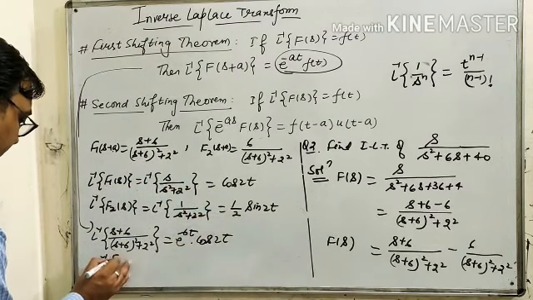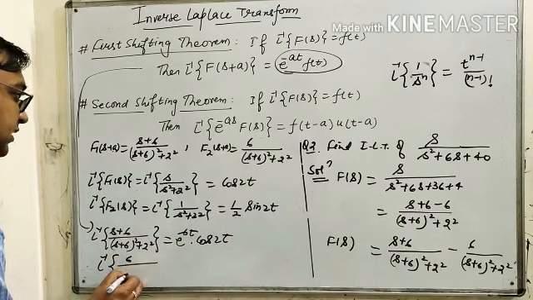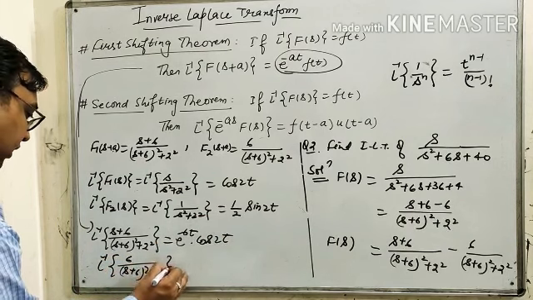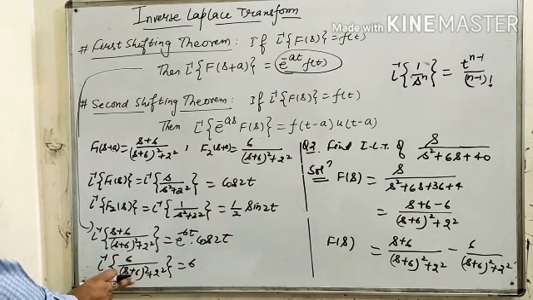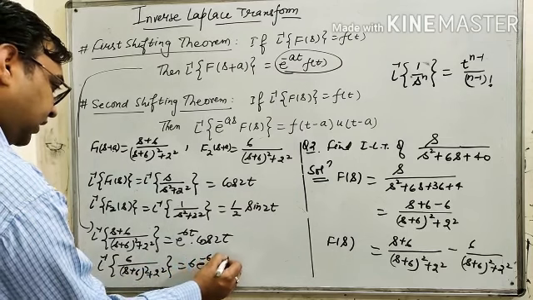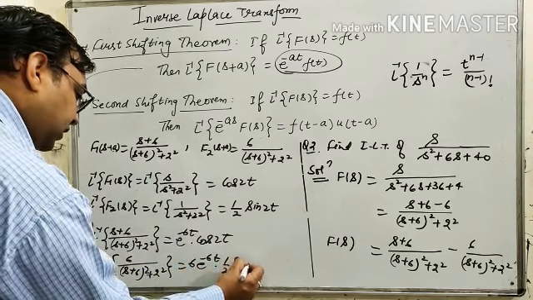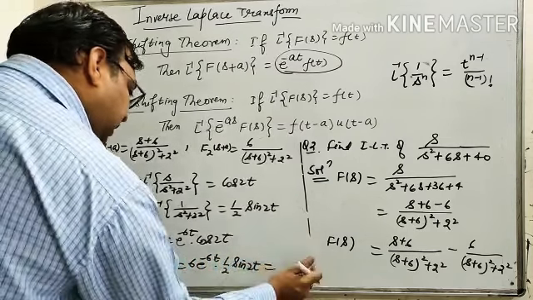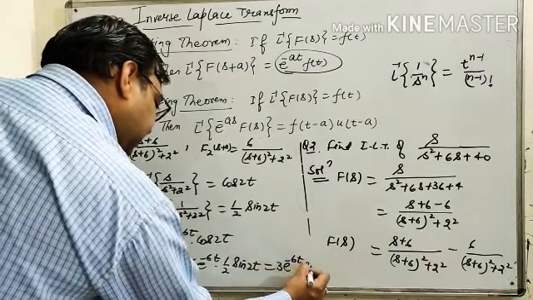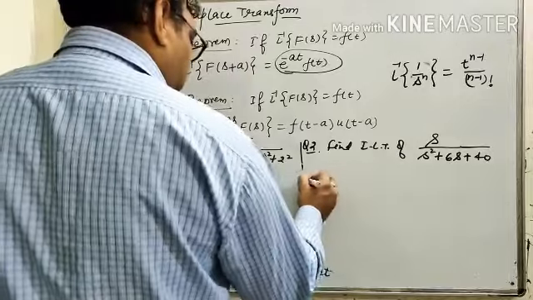And for the second one, inverse Laplace of 6 upon (s+6)^2+2^2 is equal to, here a is also 6. So 6 into e^(-6t) into 1 upon 2 sin 2t, or we can rewrite it as 3 e^(-6t) sin 2t.